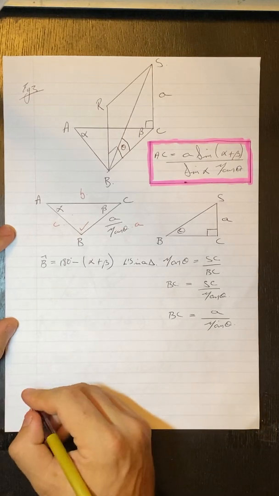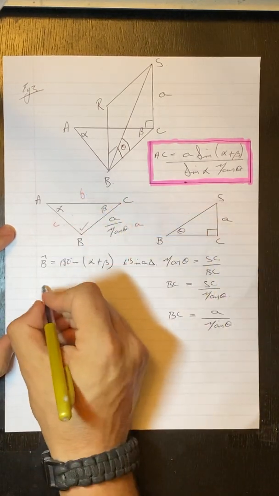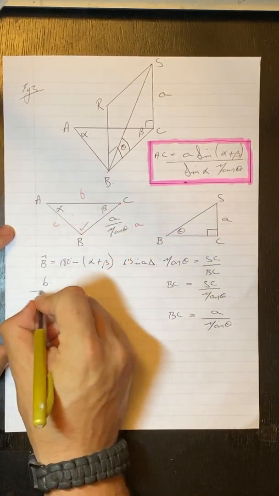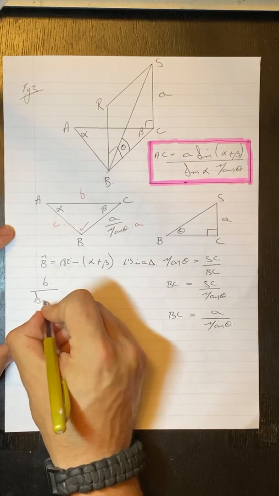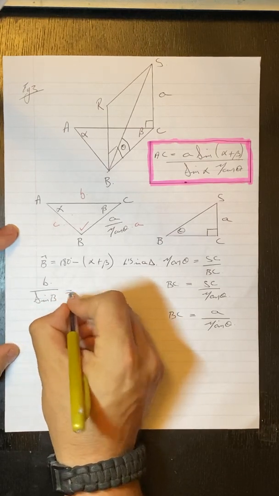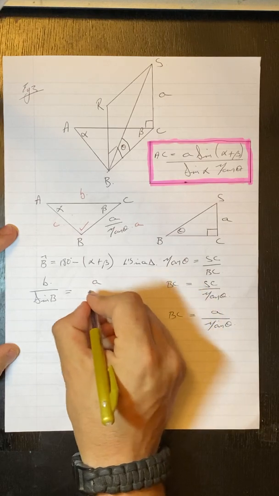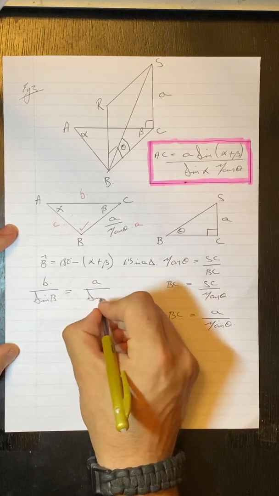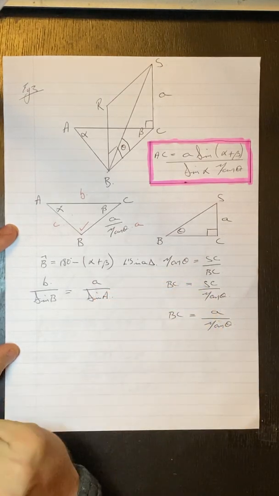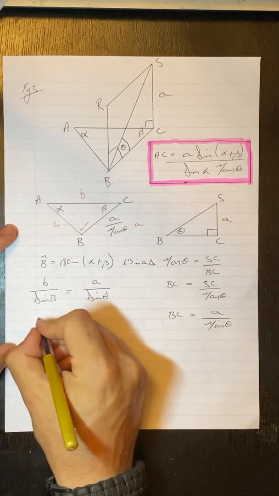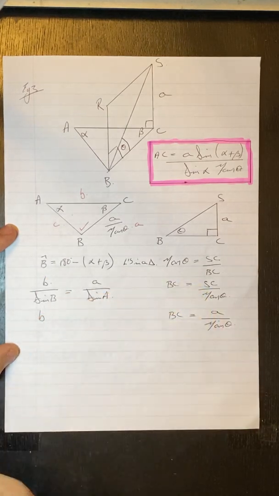I can use the sine rule. So little b over sine b will be equal to little a over sine a. Just to get the little b on its own, I'm just going to multiply up by the sine b.